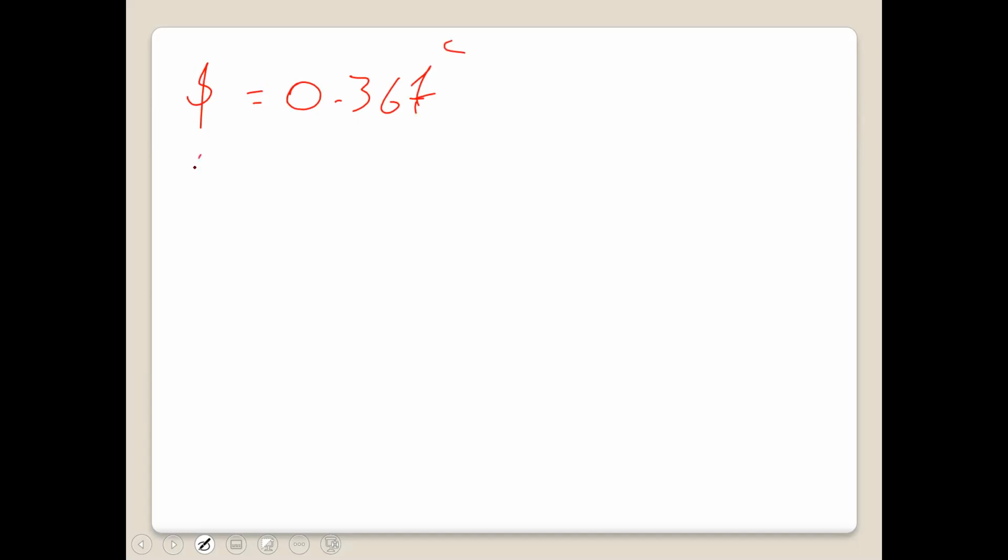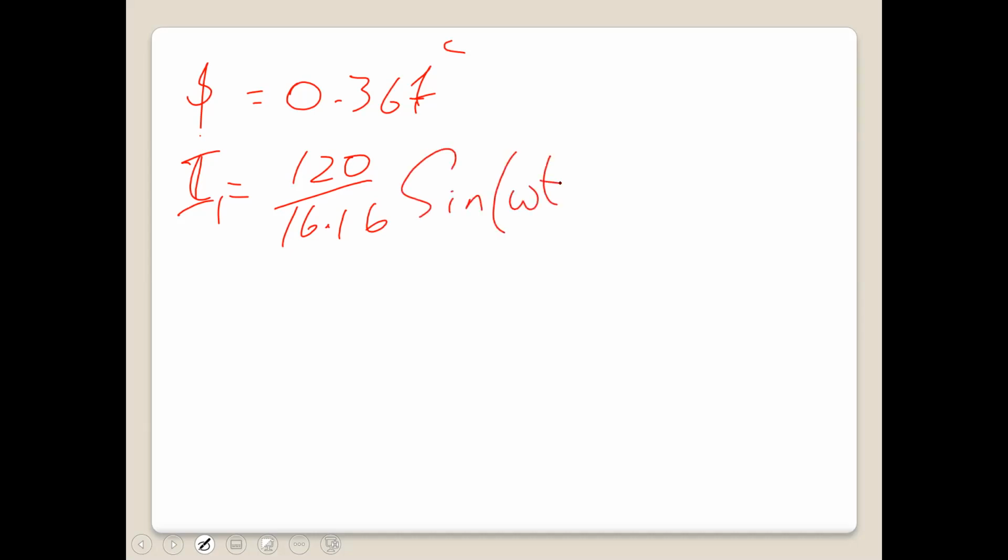Okay, so it means that I1 would be 120 over 16.1. What's that? All right, I give you 16.16. Sine omega t.